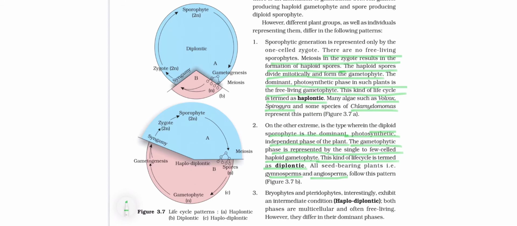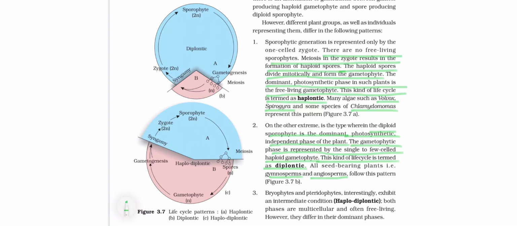In the upper diagram, it is the type where the diploid sporophyte is the dominant, photosynthetic, independent phase of the plant, like we have seen in pteridophytes earlier. The gametophytic phase is represented by a single to few celled haploid gametophyte, and this kind of life cycle is diplontic. All the seed bearing plants like gymnosperms and angiosperms mainly follow such a pattern.